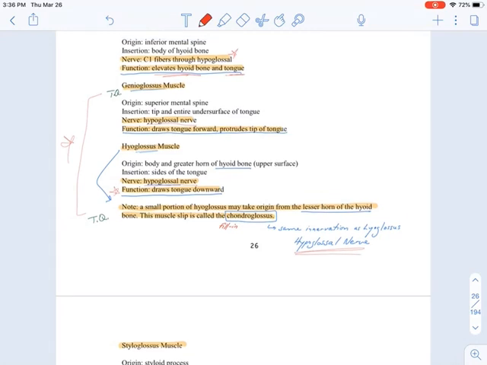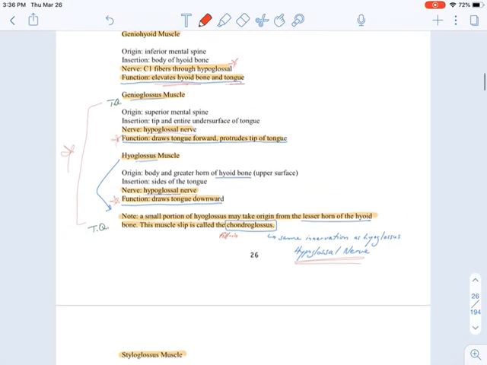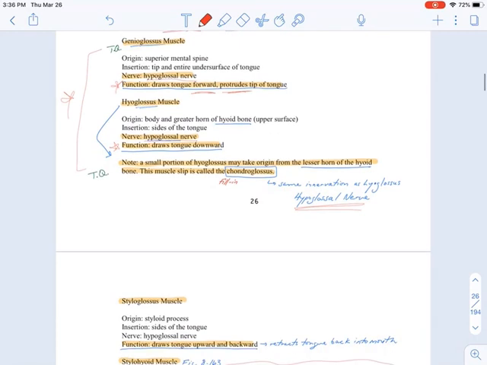You want to pay attention to the functions here because they both work with the tongue. Your genioglossus is going to draw the tongue forward and it can protrude the tip of the tongue. Your hyoglossus muscle is going to draw the tongue downward. So genioglossus, forward, protrusion; hyoglossus, downward.